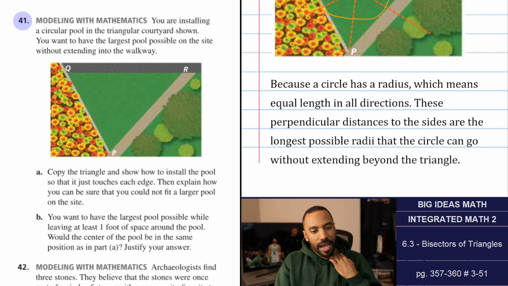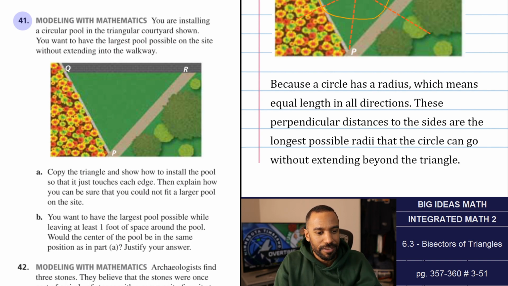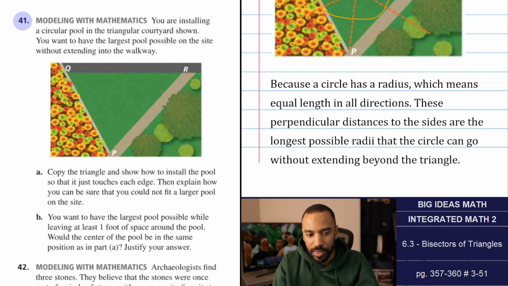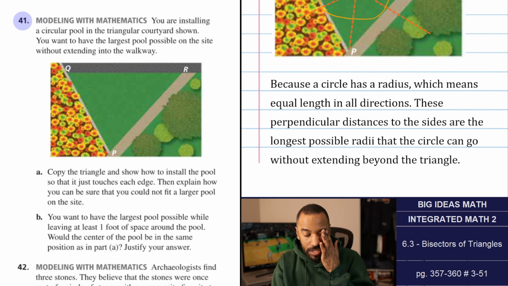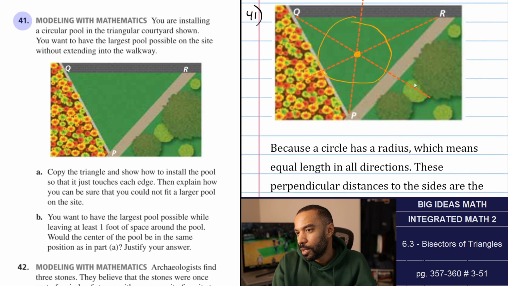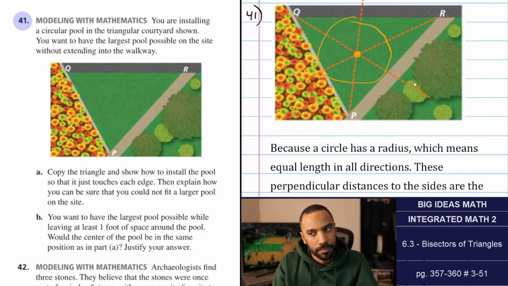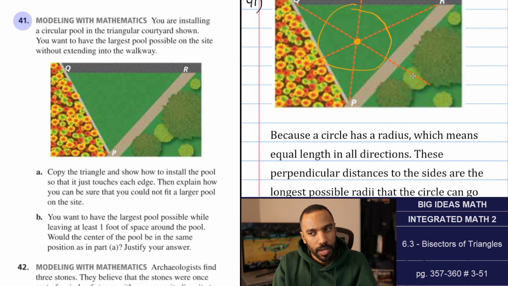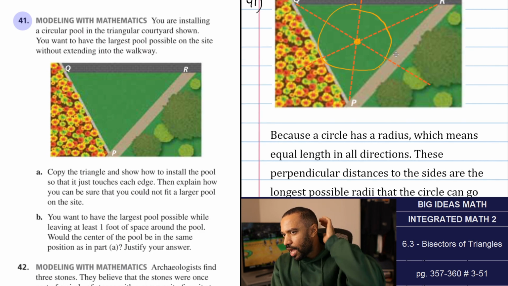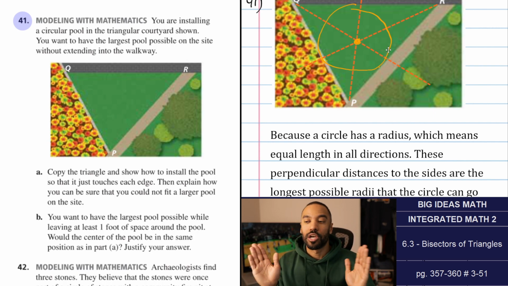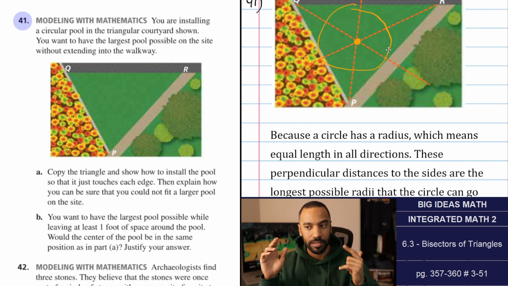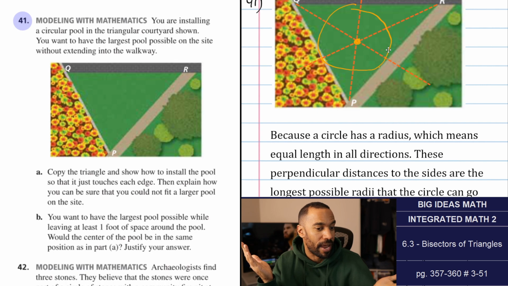Part B, you want to have the largest pool possible while leaving at least 1 foot of space around the pool. Would the center of the pool be in the same position as in part A? Justify your answer. I mean, the question is, should I just go 1 foot in from there?